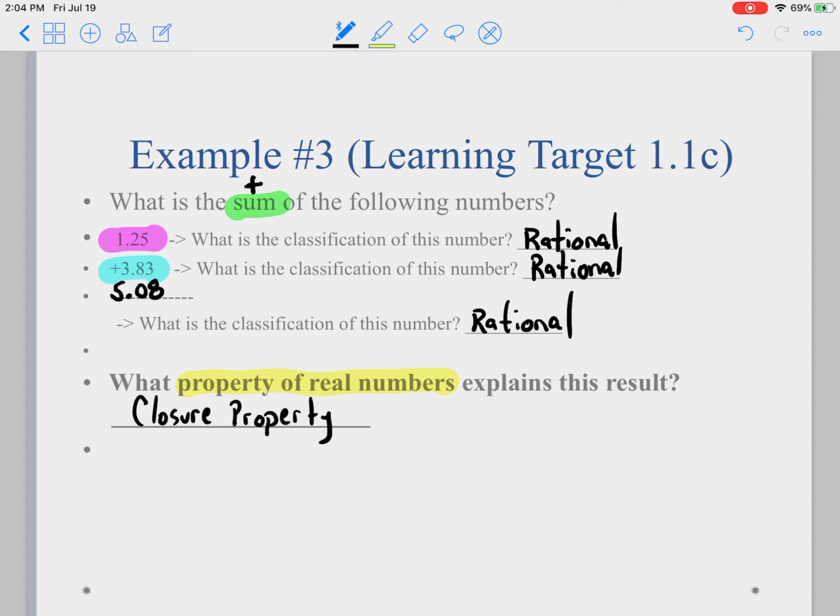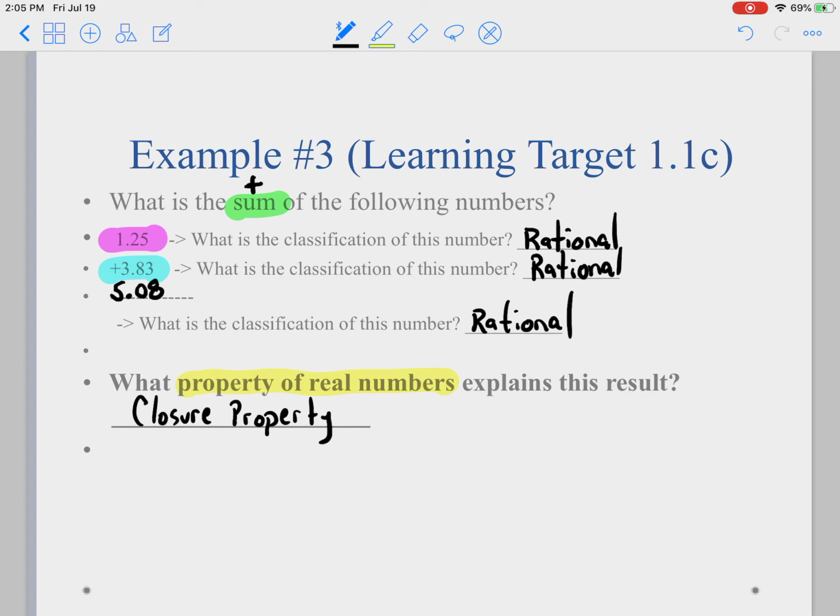And I would encourage you to hit your rewind button, go back, listen to the explanation of the closure property once again. But in summary, what that closure property says is that any operation, and in this case our operation was addition, performed on any two of the same set of numbers, okay? Numbers from the same set.